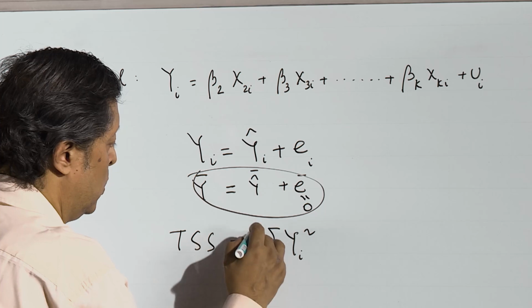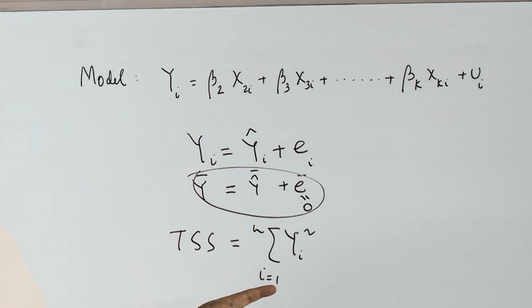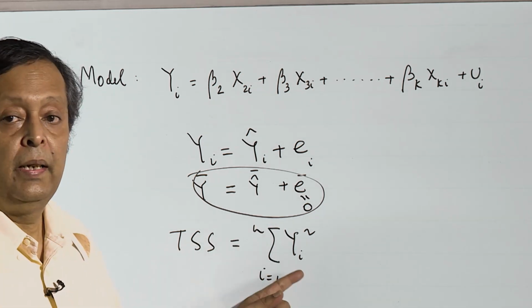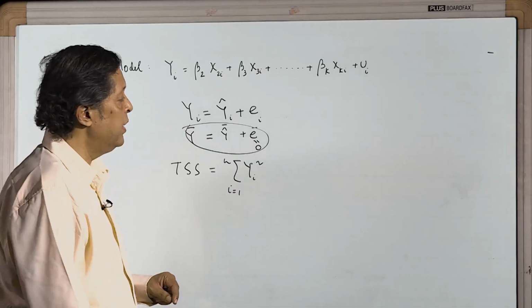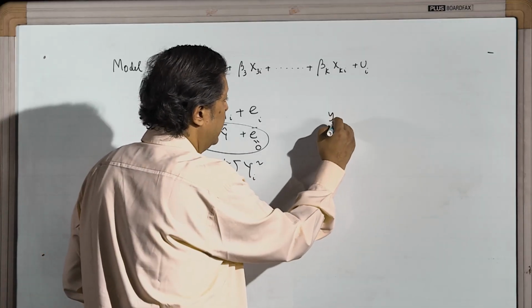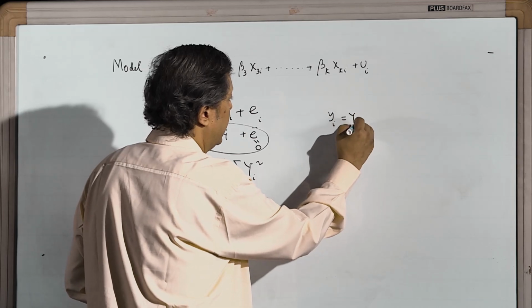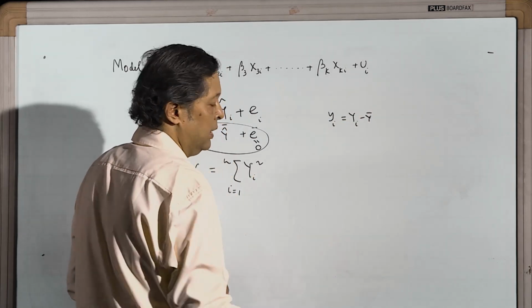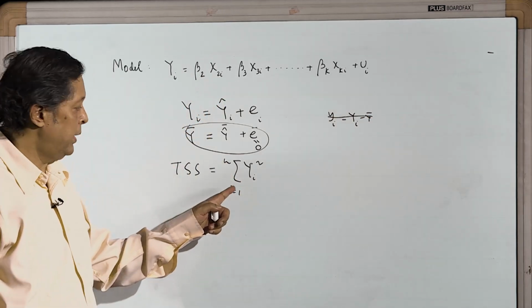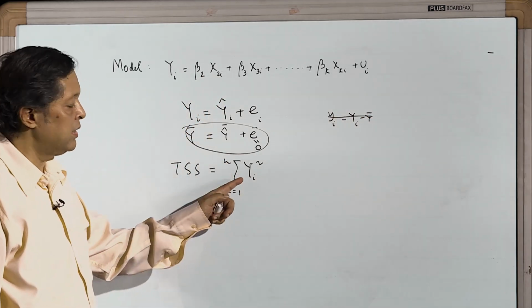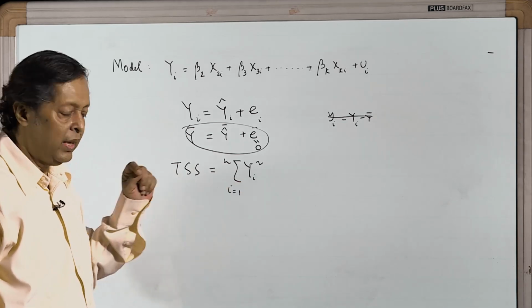So, the total sum of squares is now defined as summation Y_i squared, i running from 1 to n, where this capital Y_i is different from the earlier small y_i. Earlier we had used small y_i is equal to capital Y_i minus y bar. Now, this is replaced by capital Y_i squared. So, total sum of squares is summation Y_i squared.